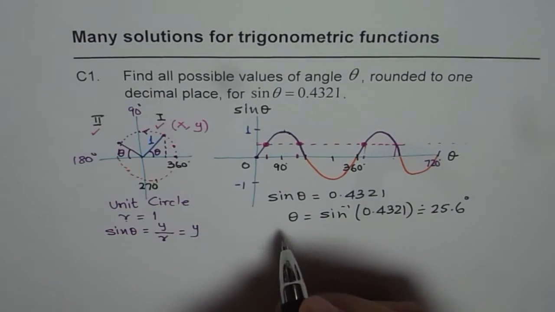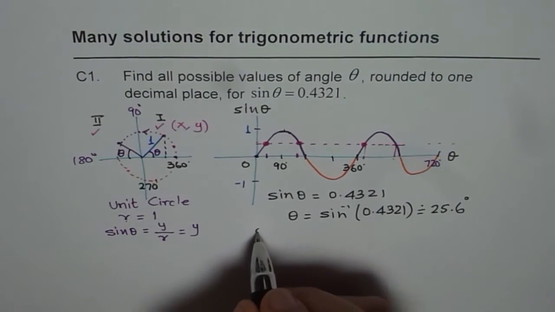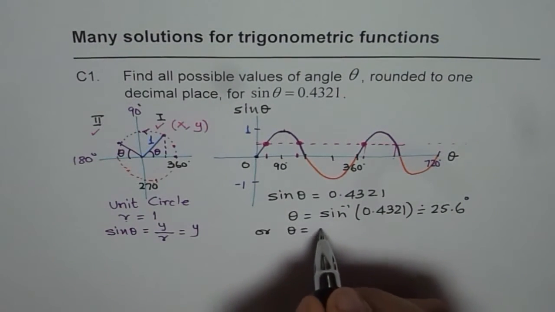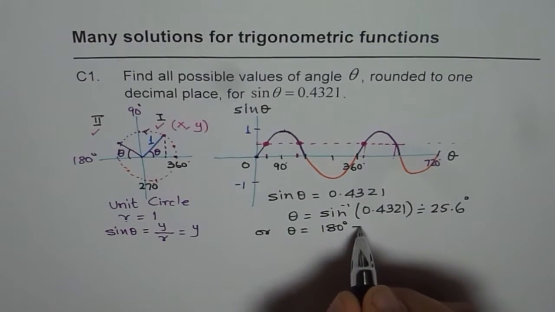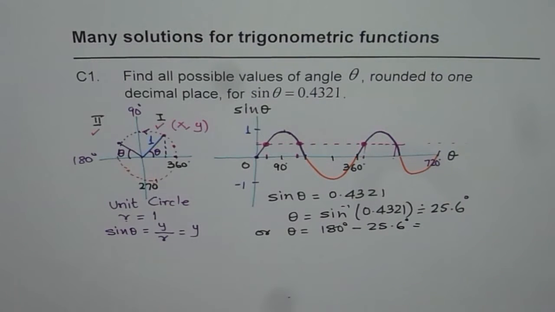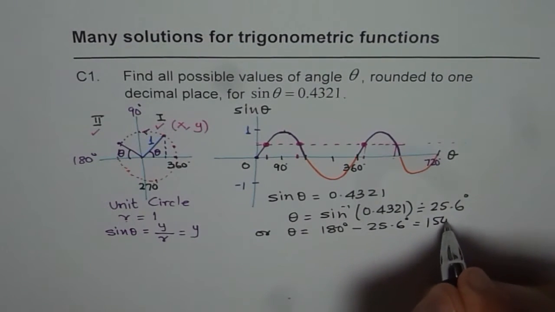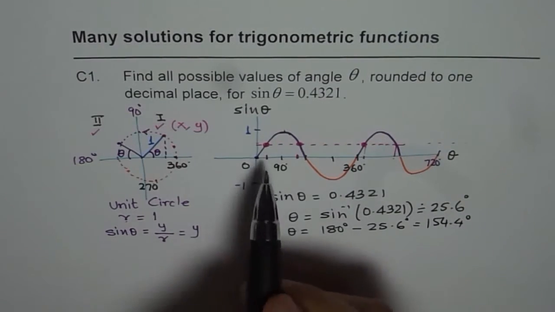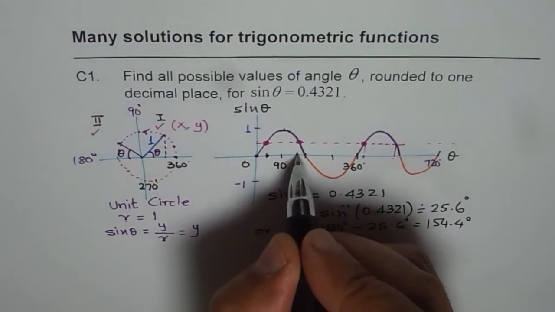Theta equals 180 degrees minus 25.6 degrees. That gives you the other value, at which it is the same as 0.4321. So let's find this out. 180 minus 25.6 gives you 154.4 degrees. So we get the two values which we are talking about.